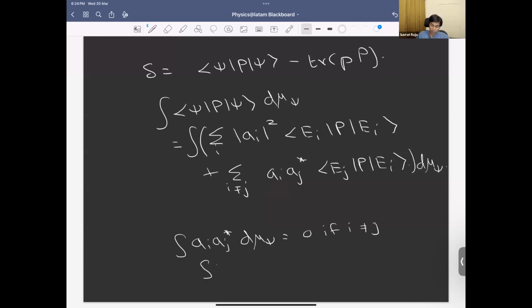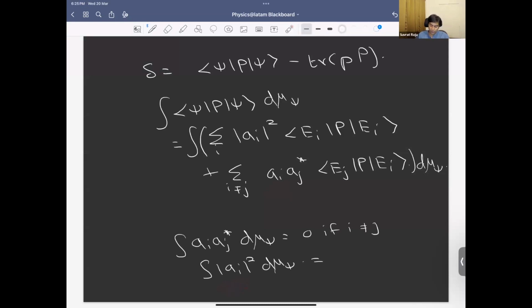What about the integral of |a_i|^2 dμ(ψ)? Well, this guy is not hard to compute either, because you know that if I sum over all of these a_i's, I'm going to get 1, right? That was the normalization condition that we had. And this answer clearly can't depend on i.